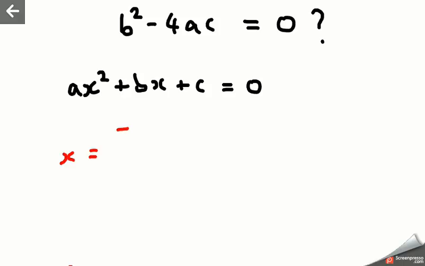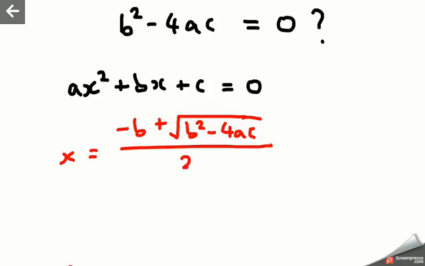It's equal to negative b plus the square root of b squared minus 4ac, divided by 2a, or it's equal to negative b minus the square root of b squared minus 4ac. Well, if b squared minus 4ac equals 0, then it's just negative b plus or minus the square root of 0, and the square root of 0 is 0.